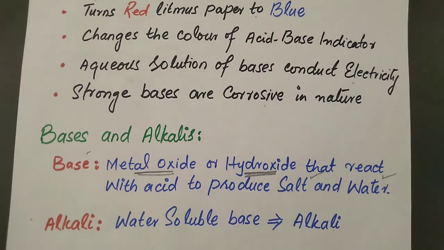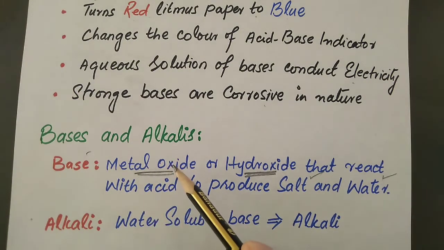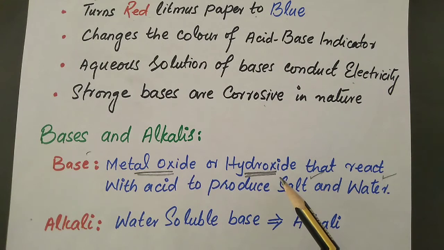And that something can be either metal oxides or metal hydroxides. Whereas what is an alkali? Alkalis are the water soluble bases. Alkalis are the water soluble bases. It means the base that is soluble in water will be called an alkali.